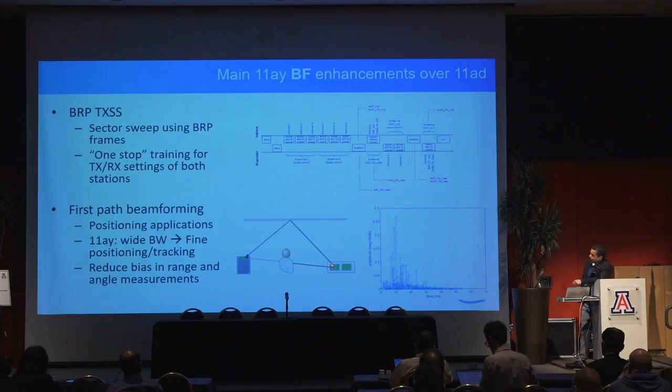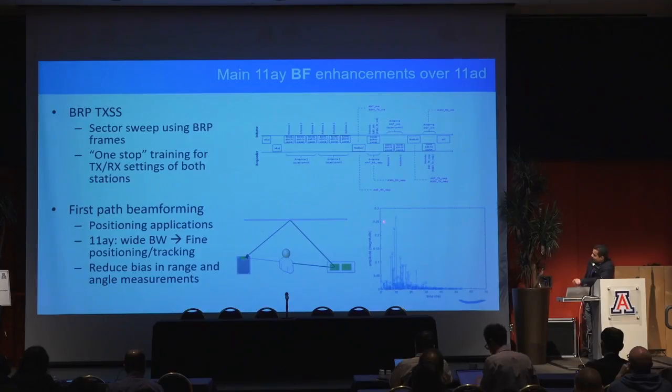But actually, what we are interested in here is not this path. We are actually interested in this path here, because we actually want to measure range, how close you are to the other device. And basically, you need a new metric to do the beamforming.